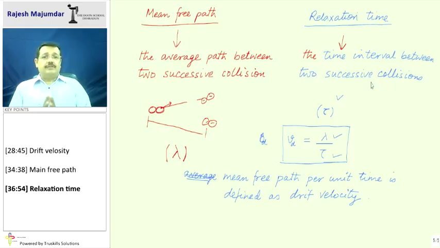And then the drift velocity, the concept of drift velocity, as well as concepts of mean free path and relaxation time, and how they are related. So all these are building to the concept of electric current, and slowly we are moving towards another concept of resistance, and how resistance depends on these quantities that we have discussed. We will talk about that in the next lesson.